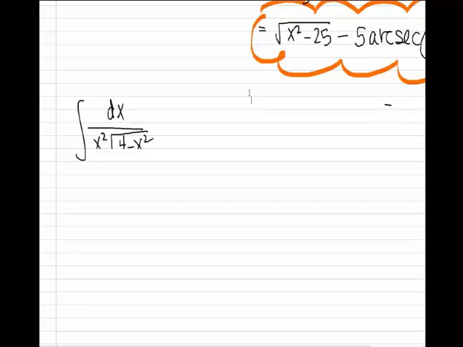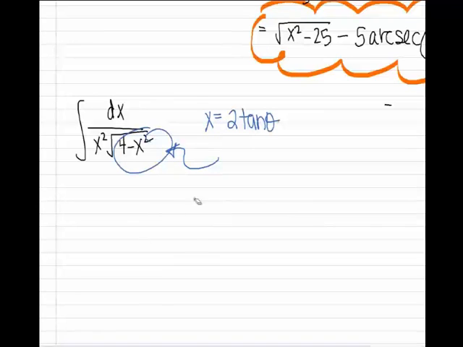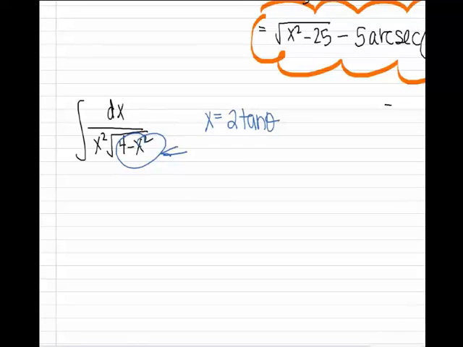Now let's say you forgot and you got confused and you didn't know which one to do. And you thought, oh, maybe it's the tangent. So you let x equal 2 tangent theta. Let's take a look and see what would happen just to this part of it, because this is the important part that we need to simplify. This radical would become 4 minus 4 tangent squared theta.